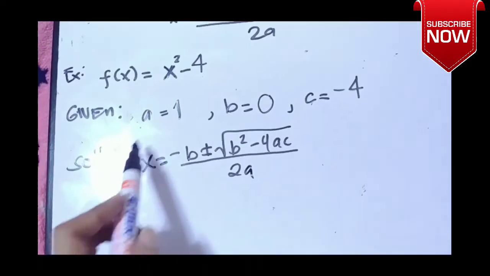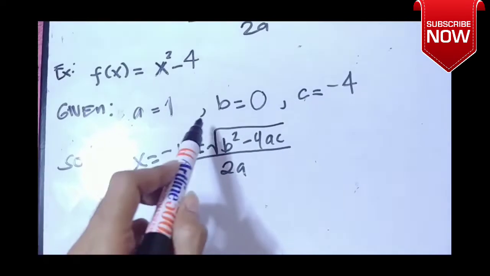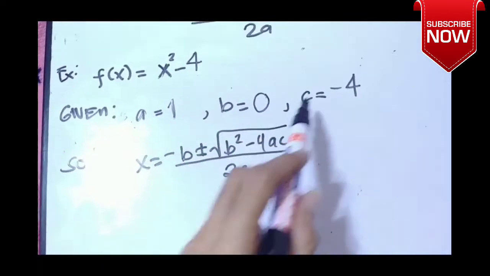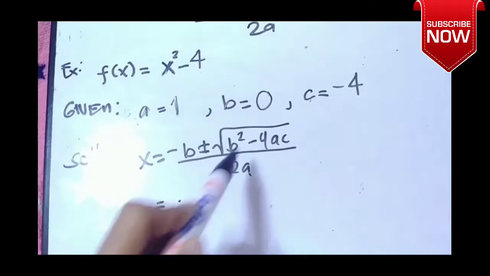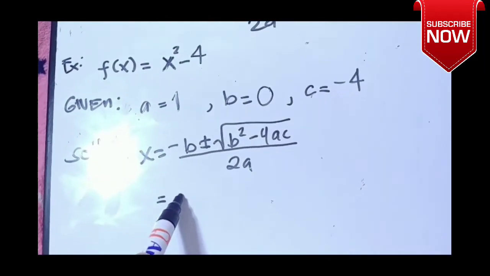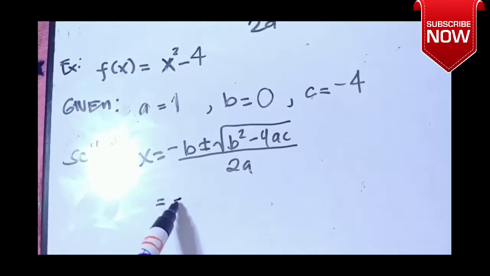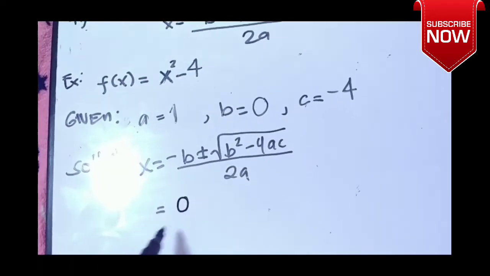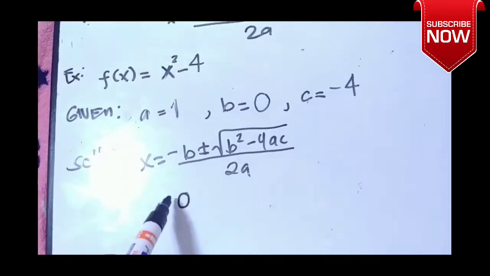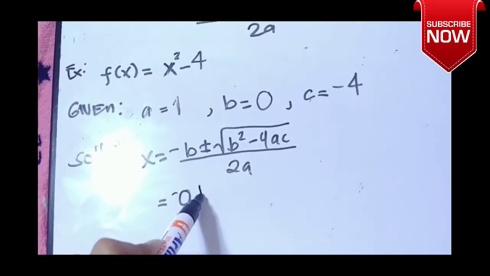Right after this formula, we can now directly substitute these values. So, negative b, the value of b is 0. You can write the sign, negative, or pwede mo rin hindi siya isulat. Pwede rin, kasi 0 din siya eh. Pero isulat na lang natin. Plus, minus.